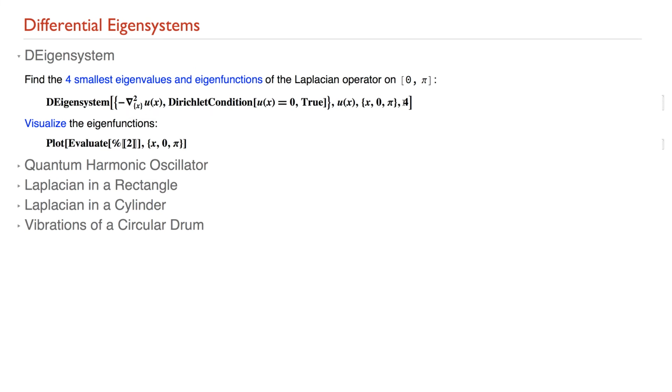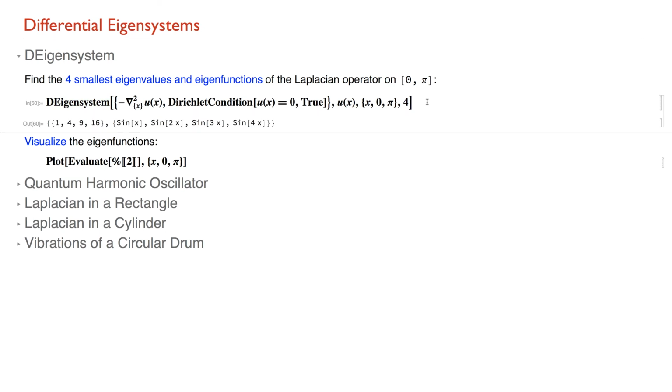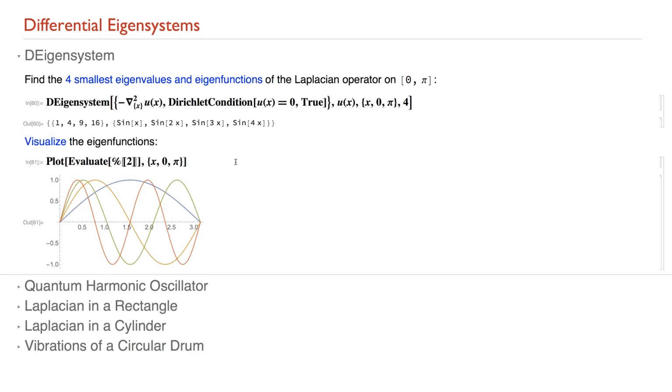So for example, suppose I want to find the first 4 eigenvalues and eigenfunctions of the Laplacian with Dirichlet conditions, then DEigensystem does that for you in a flash. You get back the eigenvalues of 1, 4, 9, and 16. You get back the eigenfunctions, and then you can visualize the eigenfunctions just as before.